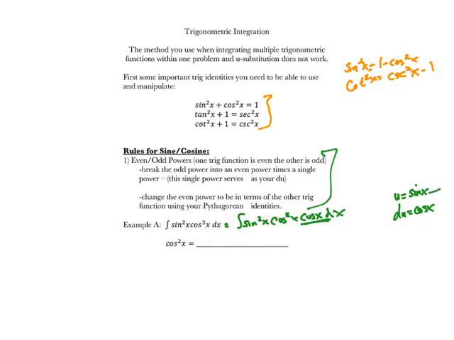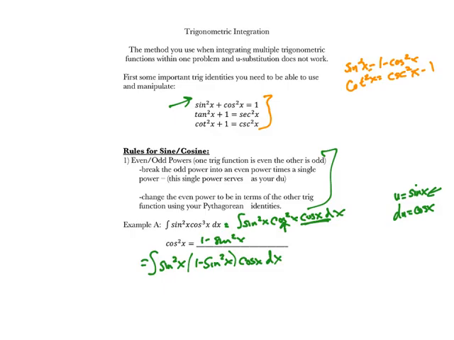Okay, so if I want u to be sine x, I still have this cosine squared x. Well, I know that cosine squared x, from my Pythagorean identities, would be 1 minus sine squared x. So that means I can rewrite this problem as sine squared x times 1 minus sine squared x times cosine x dx.